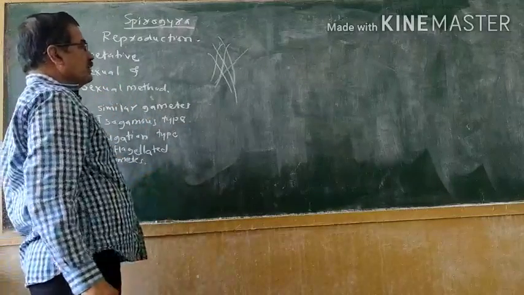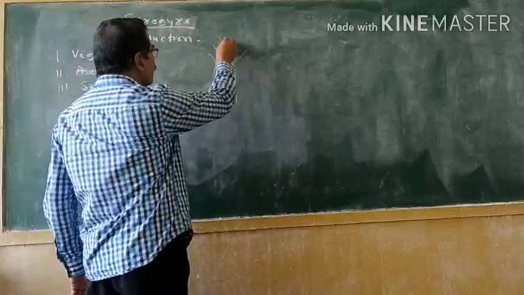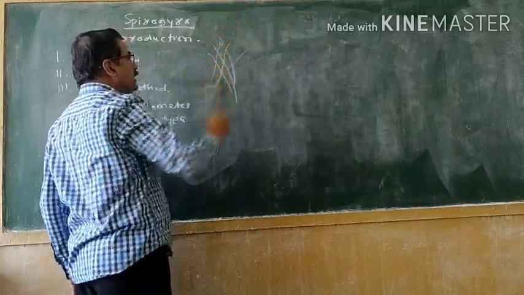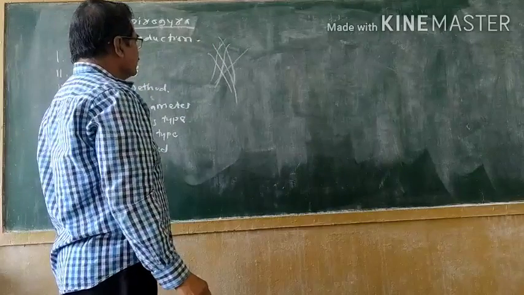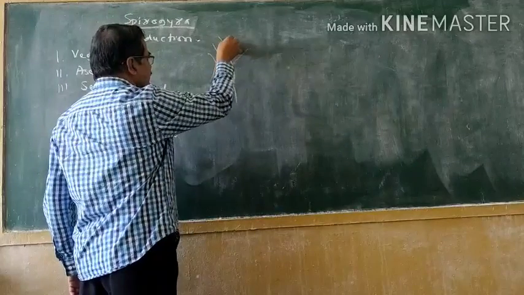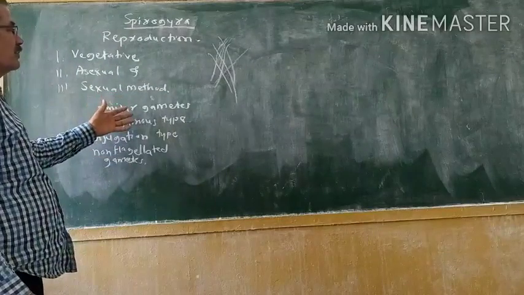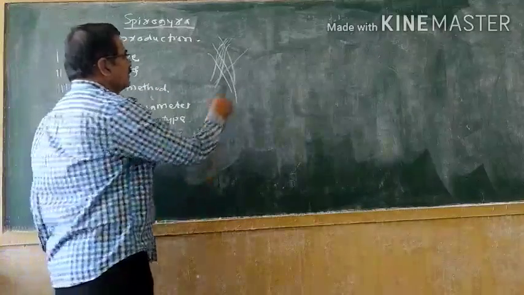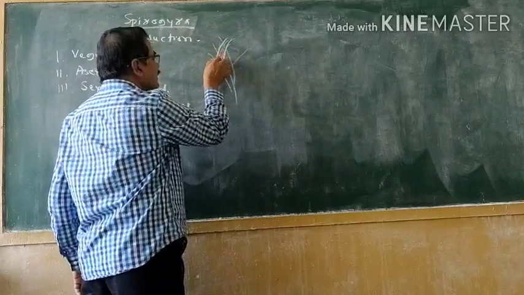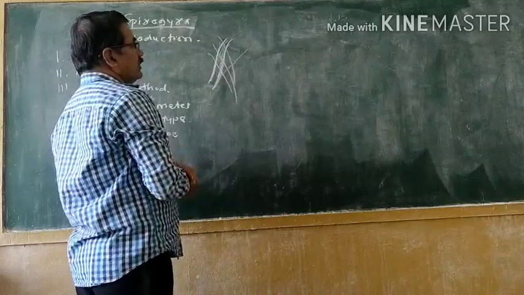Here, the sexual method takes place. Here, it forms a silky, filamentous, much elongated thallus. The thallus, when it matures at the time of conjugation, the thalli which lie parallel to each other come together for reproduction.